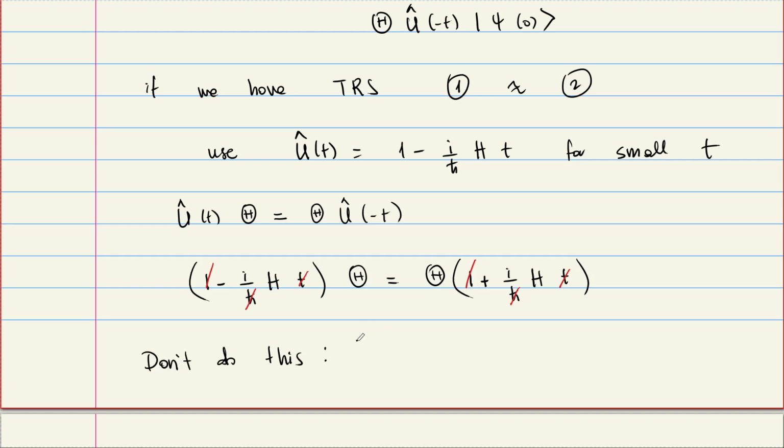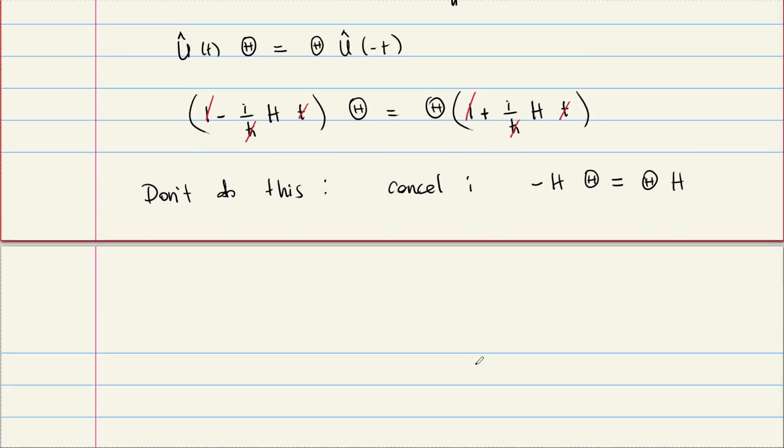Suppose we also cancel i. Then what we find is minus H theta is equal to theta H. And you say, what can go wrong? I'm just going to cancel. Let's do it and see what happens.